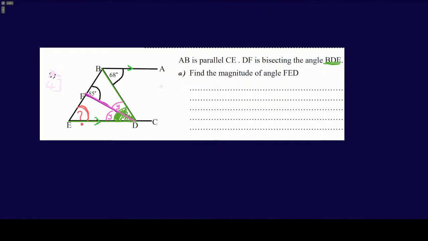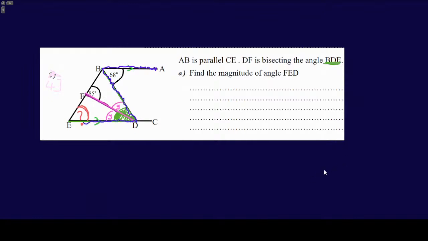So no rule related to isosceles triangles can be applied to this. Then what about applying angles related to parallel lines? Since the up and down lines are parallel, I see a pair of Z angles. Check whether you can see this way. Goes like this, goes like this, and like this.